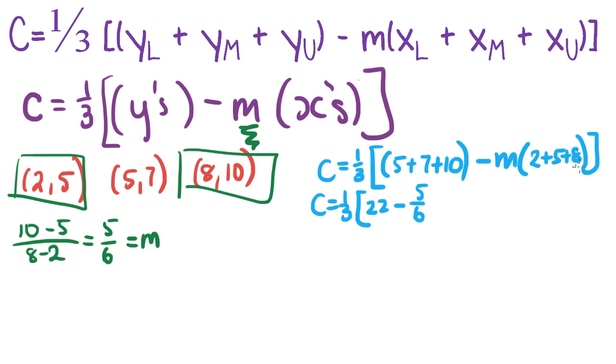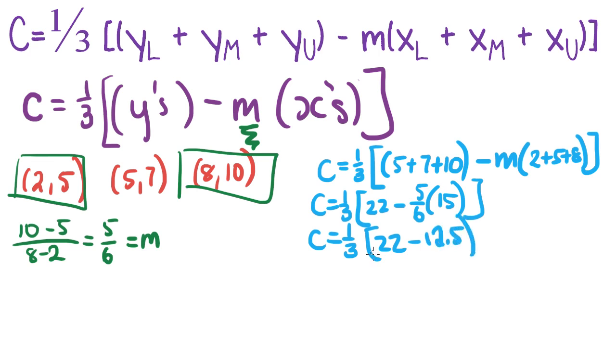So 2 plus 5 plus 8 is 15. So I've got 22 minus, now what's 5/6 of 15? 5 divided by 6 times 15 on the calculator gives you 12.5. 22 minus 12.5 is 9.5.